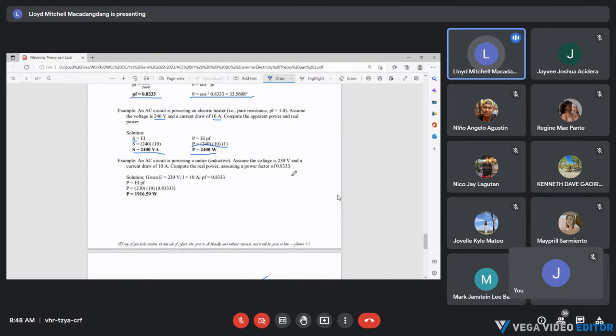So an AC circuit is powering a motor. So inductive motor. So assume the voltage is 230 volts and a current draw of 10 ampere. Compute the real power assuming the power factor is 0.8333. So given natin yung voltage, power factor, and a current draw. Unknown is the real power.